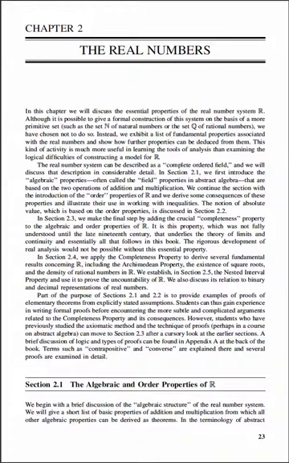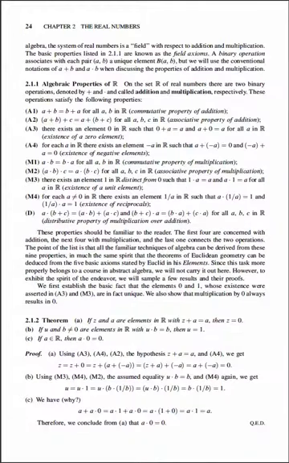Section 2.1 is called the algebraic and order properties of R, and in this section we're going to be developing basically the algebra of the real numbers. We start from a set of axioms called the field axioms. A field is a certain sort of object. If you ever take abstract algebra, you'll learn about it. There are other fields besides R, but R is going to be the one that we're studying here.